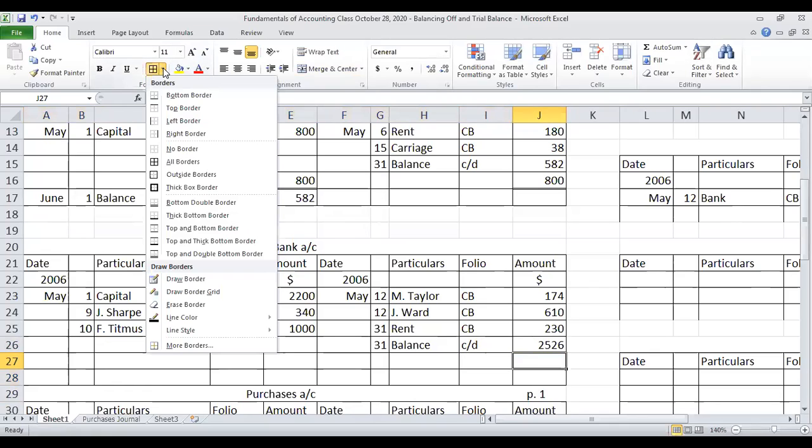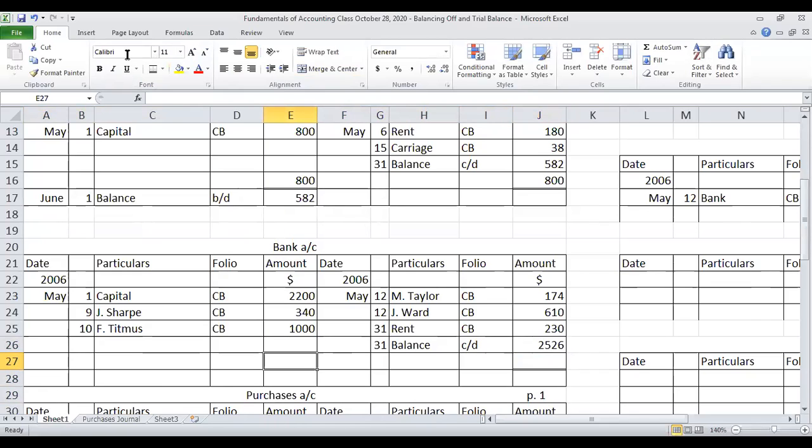Put in a single line and double line. Make sure you put your totals on a level: 3,540 and 3,540.